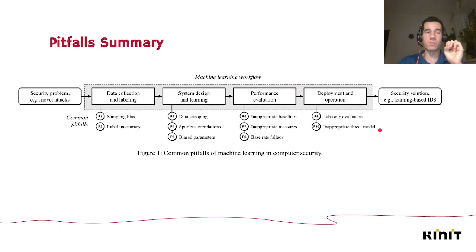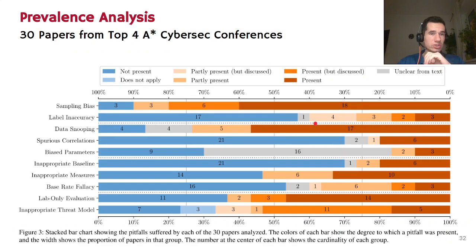Then the authors did a prevalence analysis on 30 papers from the top 4 A-star cybersecurity conferences. And as we can see, these pitfalls are present in almost every piece of research.